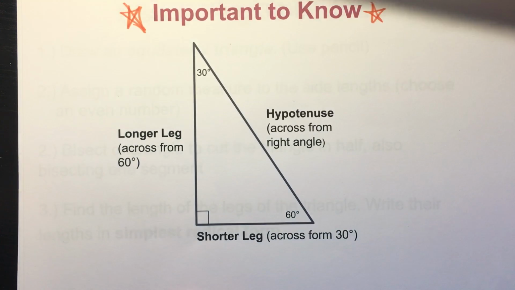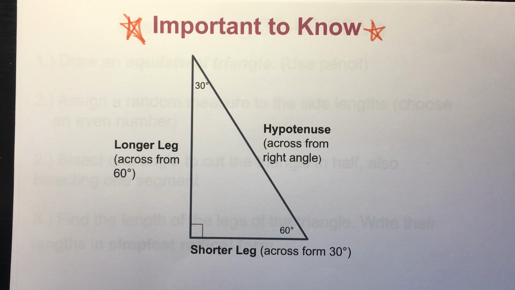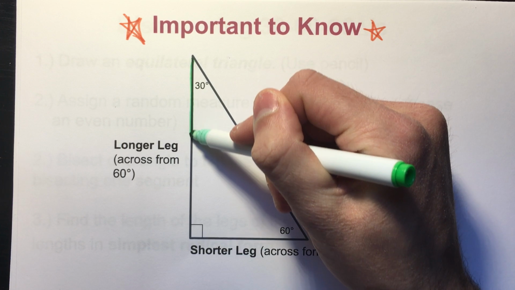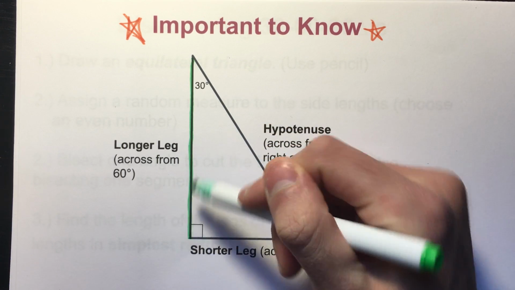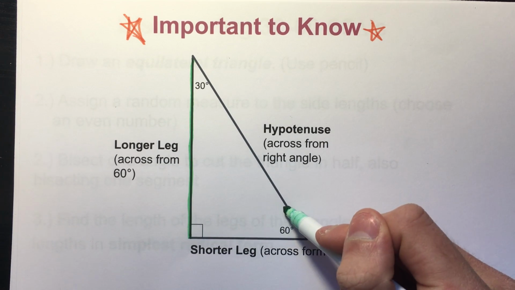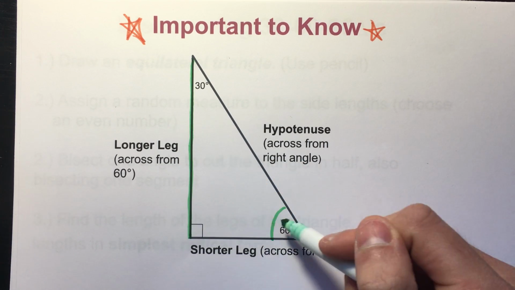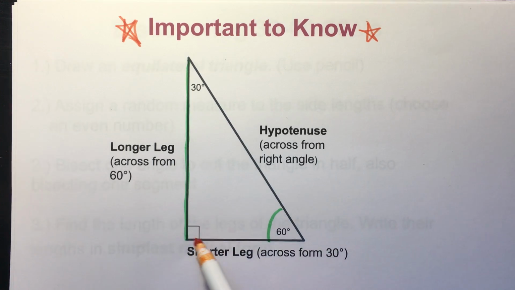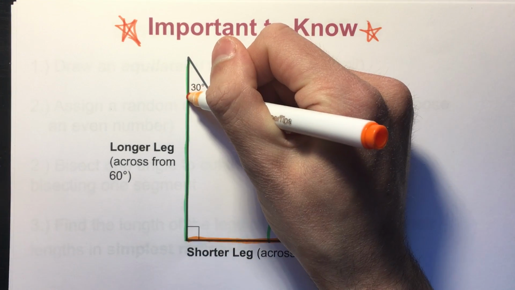So here we have a 30, 60, 90 triangle. And this is very important to know as we move forward. The longer leg, as we see right here, is the side across from the 60-degree angle. Here we have the 60-degree angle. See how it's directly across? And then we have the shorter leg. That is this side right here, and that is across from the 30-degree angle.